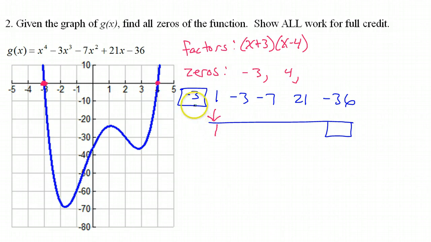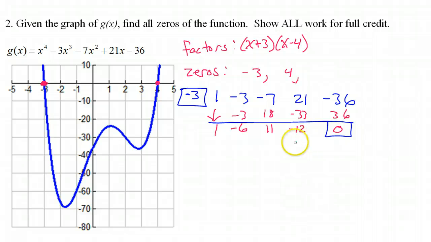Alright, so that's a negative 3, negative 6, positive 18, 11, negative 33, negative 12, positive 36. Alright, I got my 0 as expected.